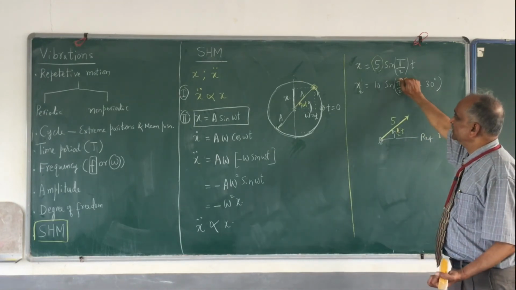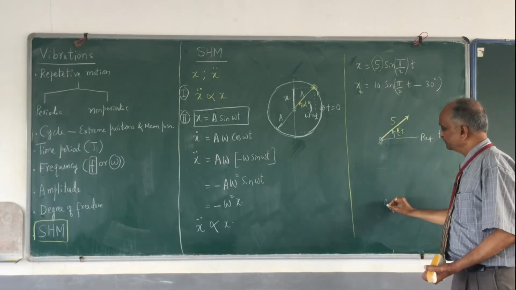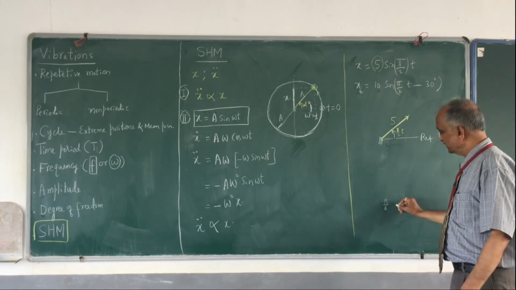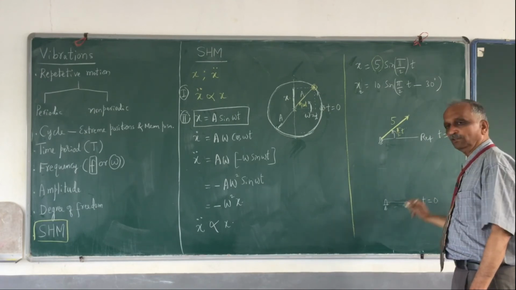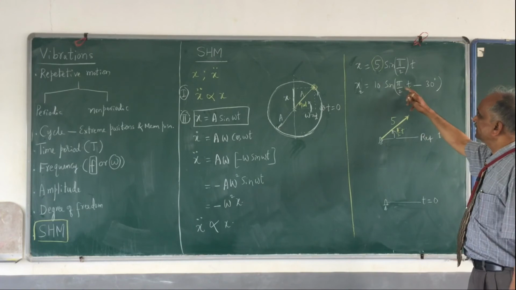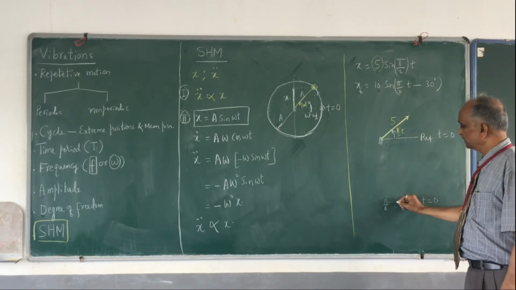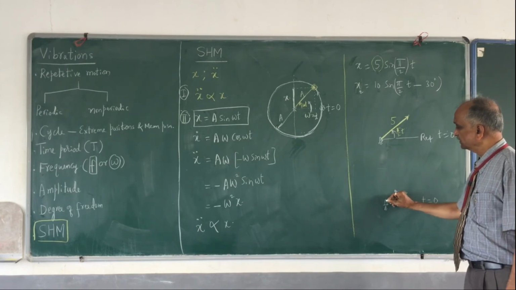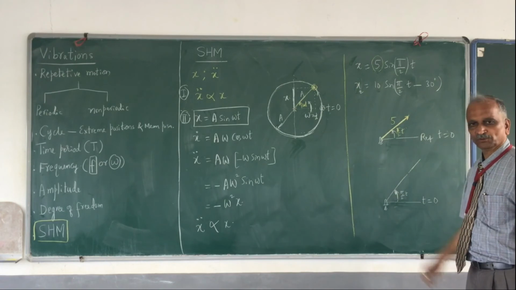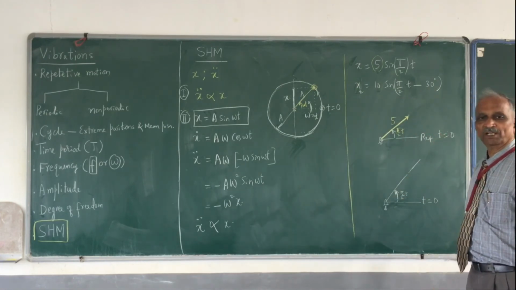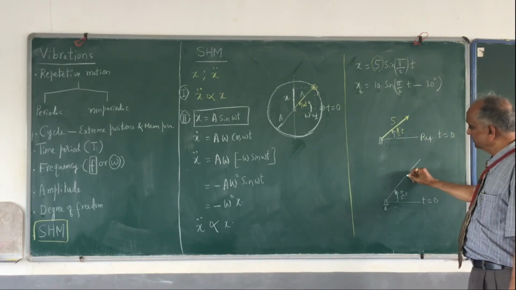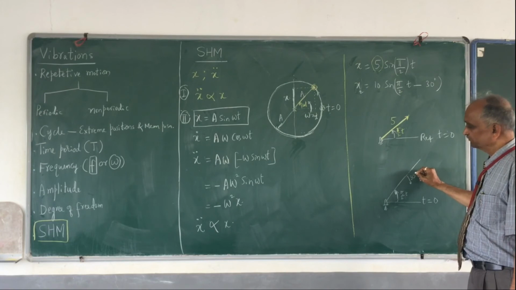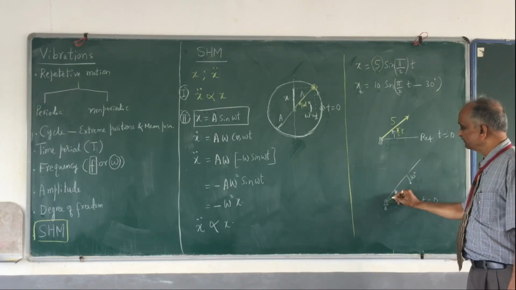If I represent the second one also as a vector, choose any point and draw a horizontal line. This is t equal to 0. Then what is pi by 2t? Measure this angle, pi by 2t. But I want pi by 2t minus 30, so measure 30 degrees this side and draw a line.